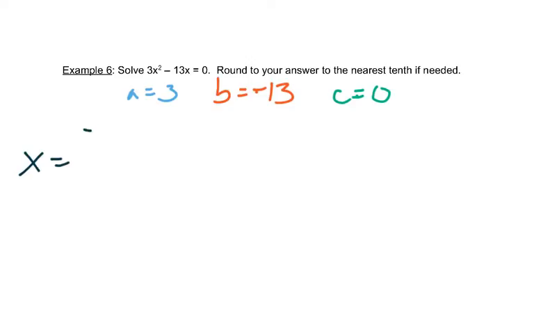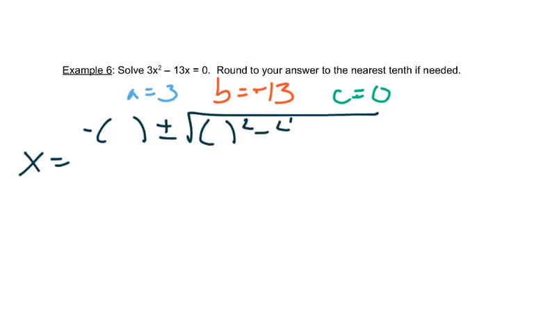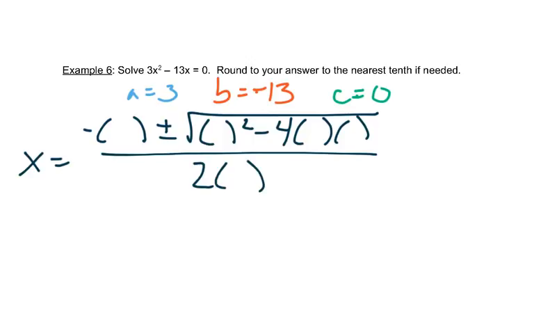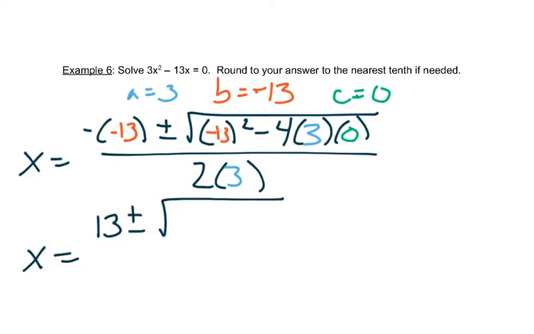So if I write my formula with the parentheses blank, remember that B goes in the first spot and in the second spot, and then A goes in the next spot and in the denominator, and C is in the last spot. So the opposite of negative 13 is 13. If you do what's underneath the square root all at once, we'll get 169, and the denominator gives us 6.